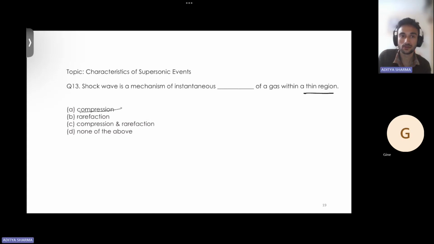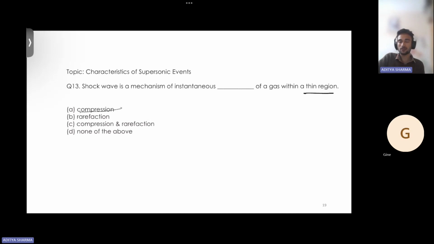Harshit, you have a doubt? Yes. Let's say some person physically encounters a shock wave. Can the person be physically hurt? See, I can tell you this because there are blast waves, and these blast waves are very hazardous.